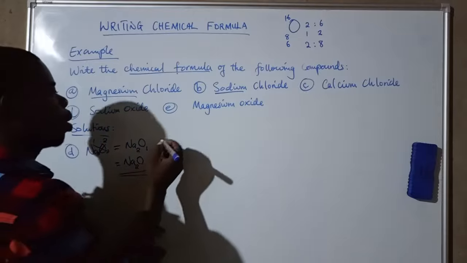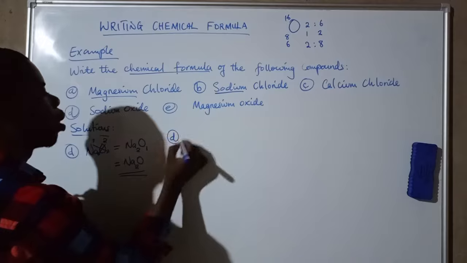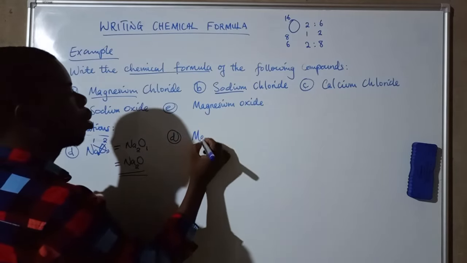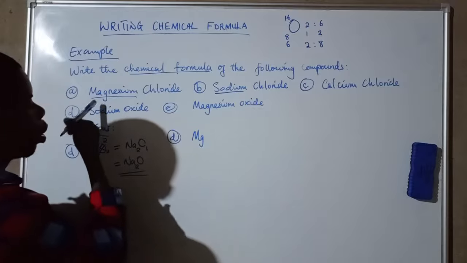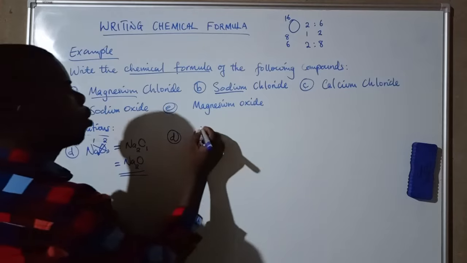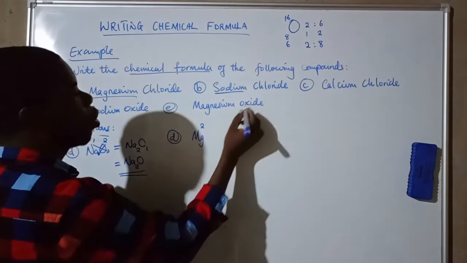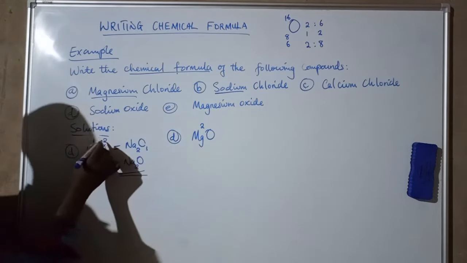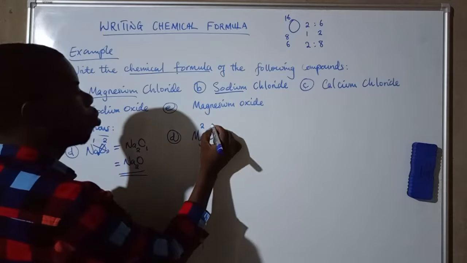Then D, we have magnesium. We said magnesium, the symbol was this here, we already indicated, and the valence was 2. Then oxygen also like that. The valence is this one, found it as 2.